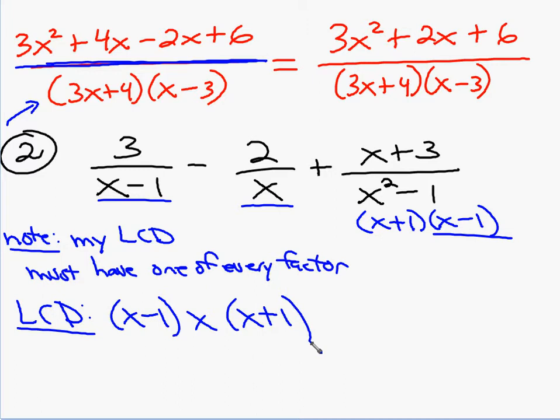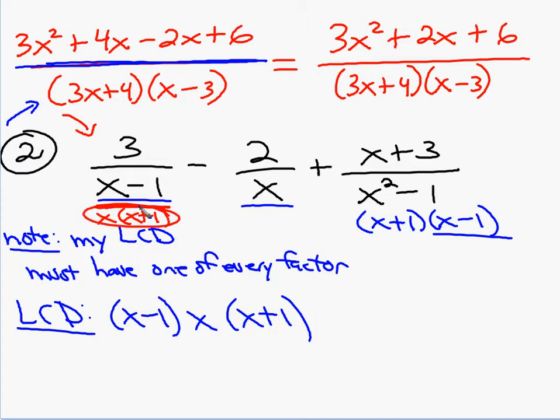So let's look at this first fraction right here. What we have to say is, which factors is this denominator missing? It's missing the x, and it's missing the x plus 1, right? So we're going to multiply this first one by this over itself.